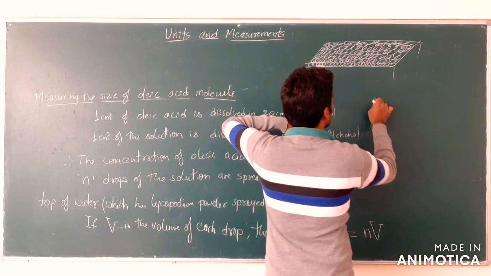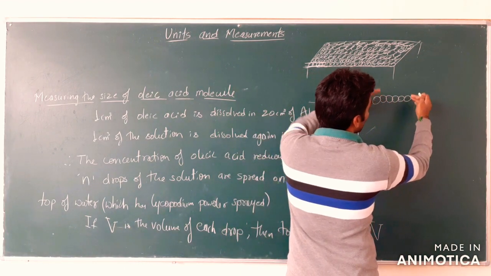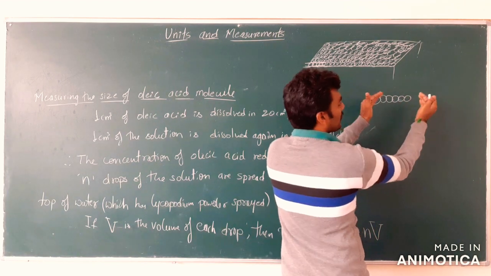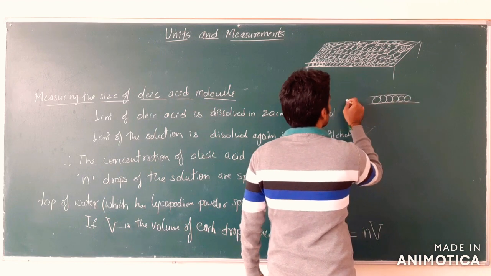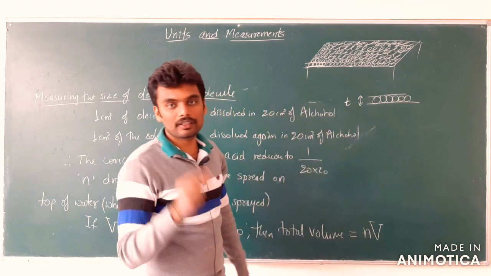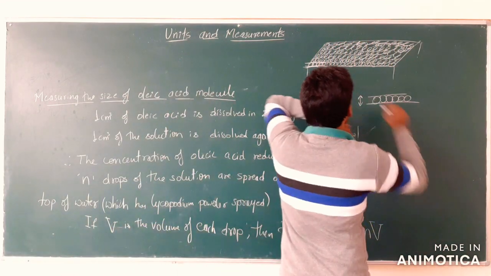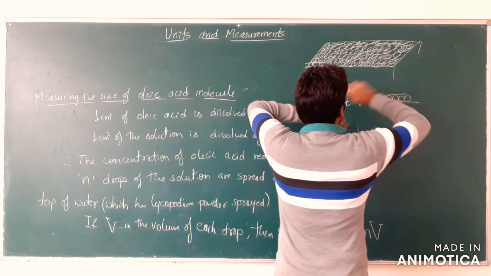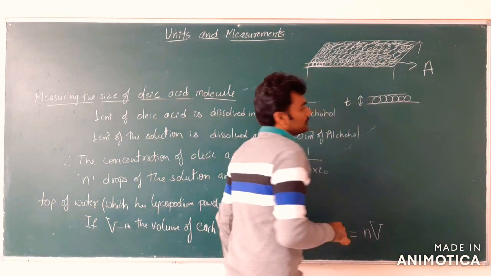If you view it in 2D, it looks somewhat like this. This is one layer followed by another layer here, here, here, like this. So each layer has the thickness T. Okay, thickness of each layer is T, and let the area in which the oleic acid spreads be A.